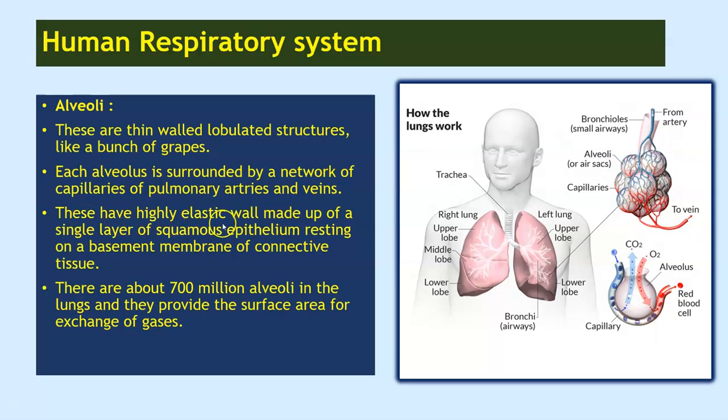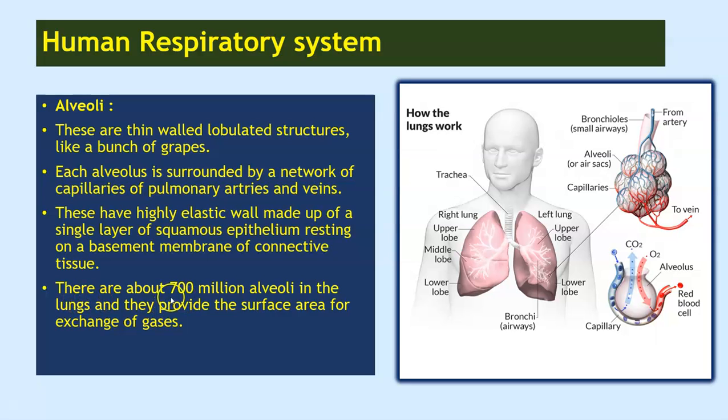These have highly elastic walls made up of a single layer of squamous epithelium resting on the basement membrane of connective tissues. So these are highly elastic because they undergo the process of expansion and contraction during breathing.